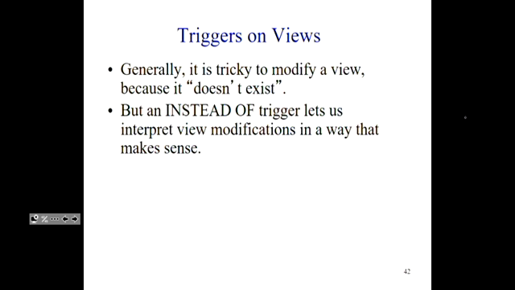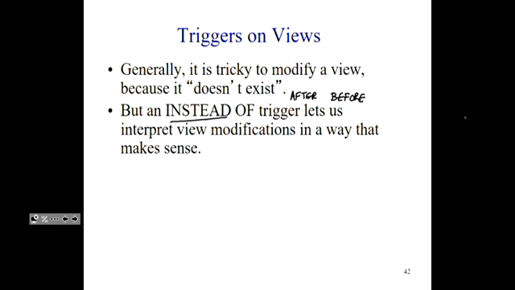But the instead of, as opposed to after or before, in the event clause, the instead of trigger allows you to intercept the modifications that are happening to the view and instead have them happen to the base tables. So you prevent the modification that's happening to the view, and translate it into modifications on the base tables. Okay, clear so far?